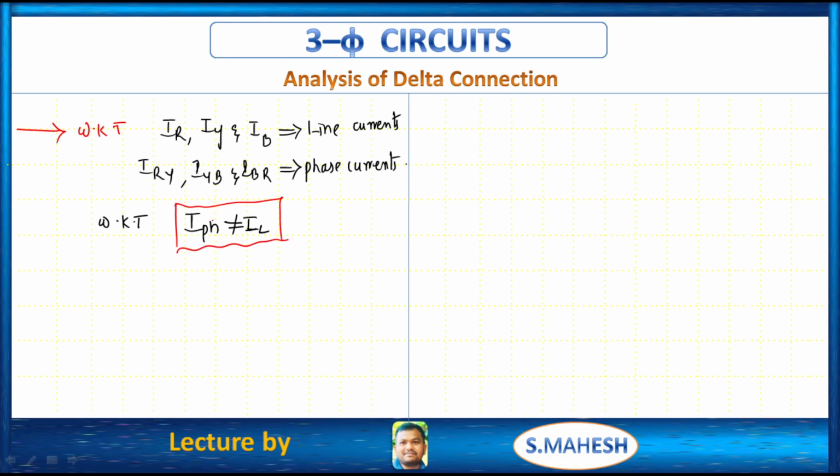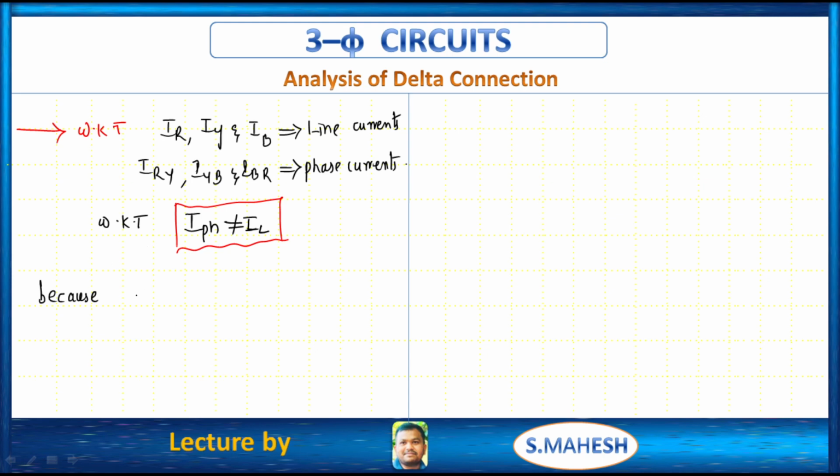In the star connection, what we have done is we got the relation between voltages VL and V phase. The same analysis we can do here also. Why are these not equal?